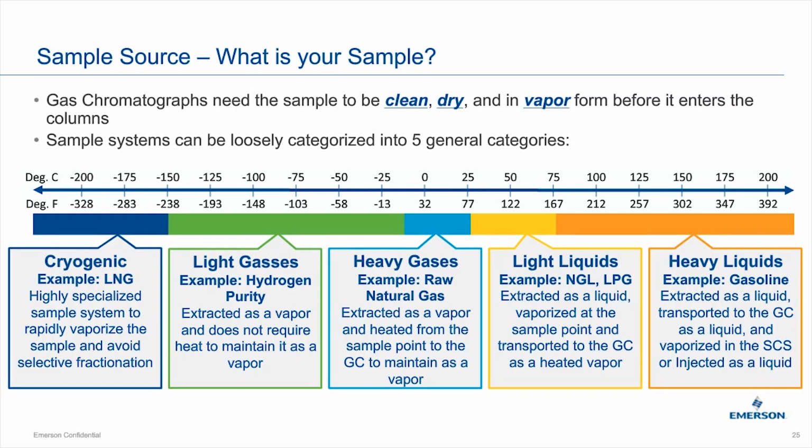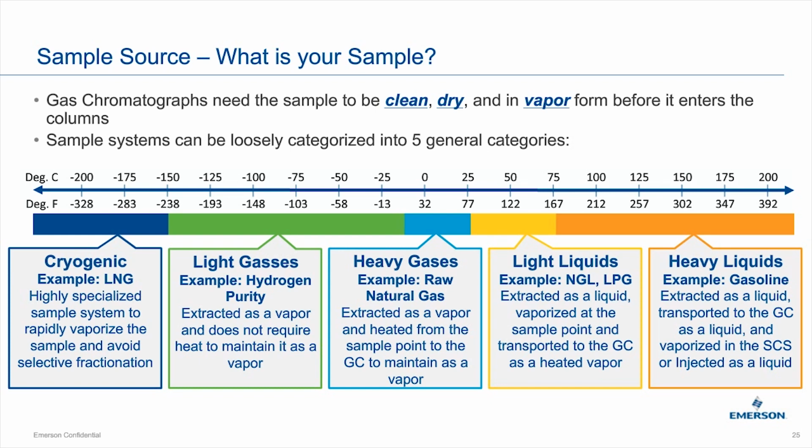So we have basically a chart here, reminding you again: clean, dry gas is what we require into the GC. And while we do liquids as well, there are different things if you look on the chart below, which looks at where the hydrocarbon dew points are.